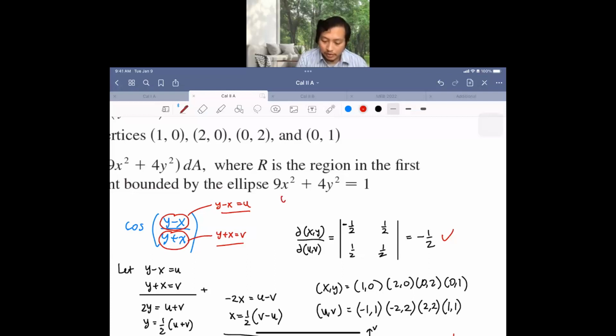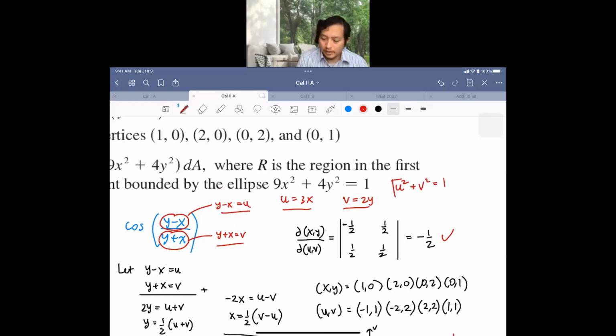So u is equal to x, and v equal 3y. Okay. So when you exchange this, oh no, it's supposed to be 3x and 2y, sorry, so you can cancel each other. So when you have this, then you have u squared plus v squared equal 1.